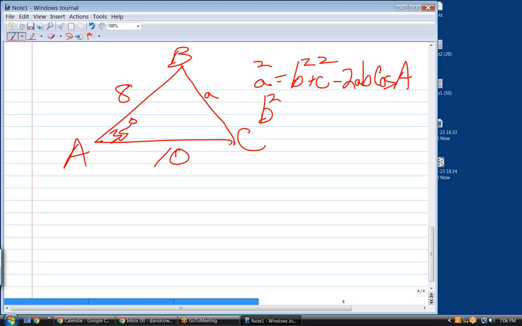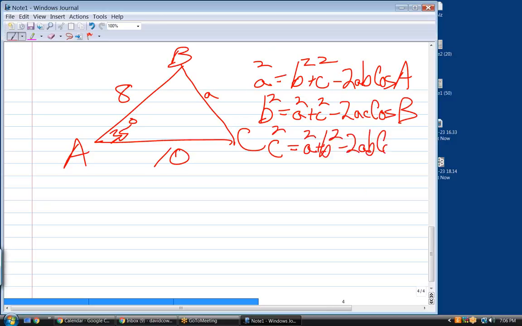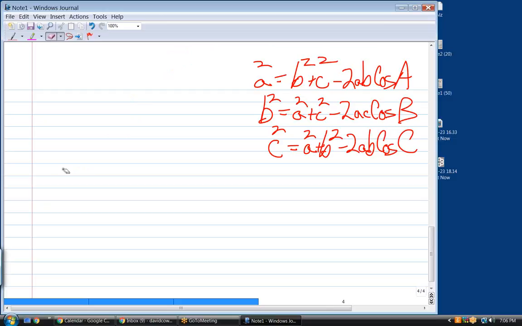So b squared is equal to a squared plus c squared minus 2ac cosine of B. And the third one is c squared equals a squared plus b squared minus 2ab cosine of C. Notice the pattern.